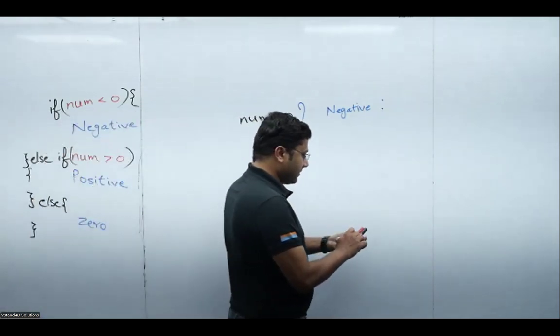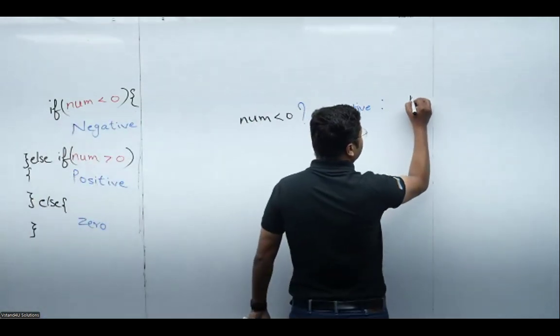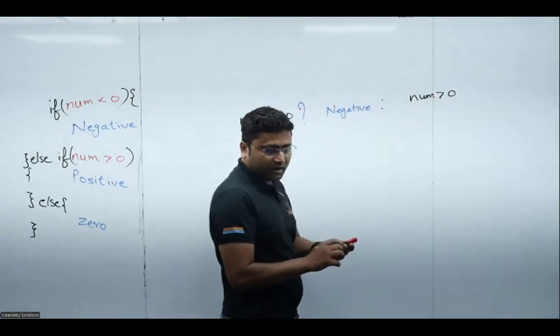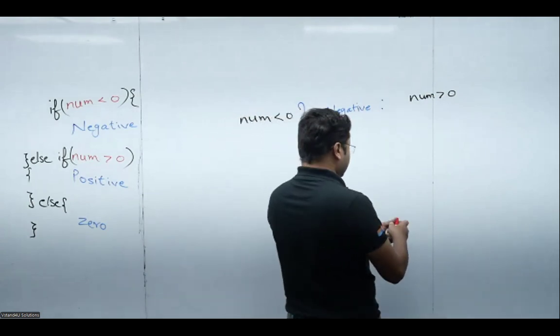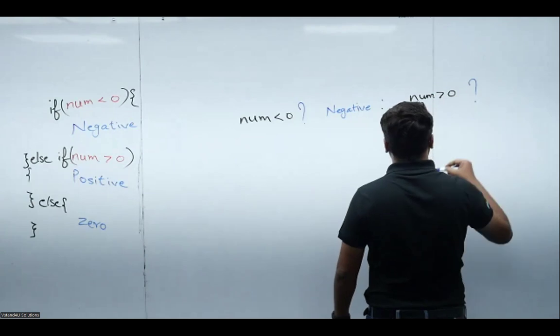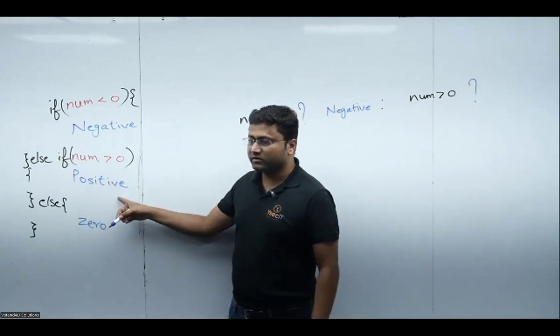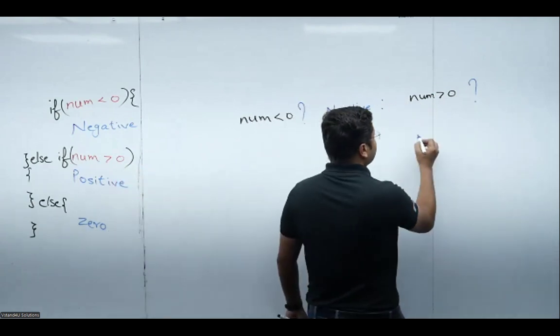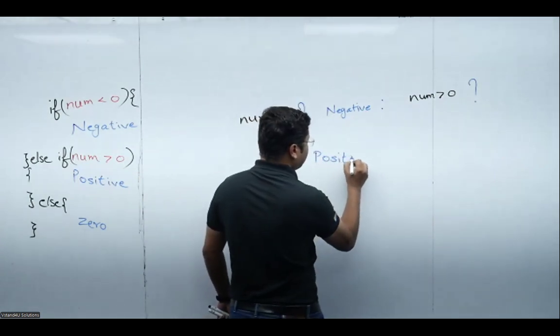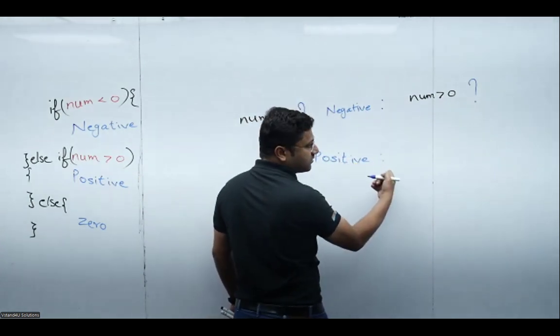The next condition is what? Num, is it greater than 0? If this is true, then say positive. But what if this is also false?